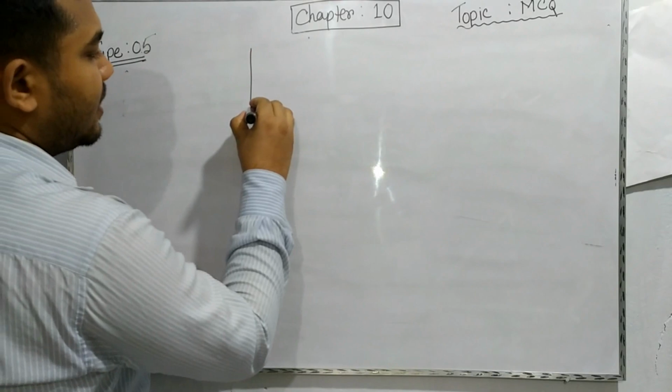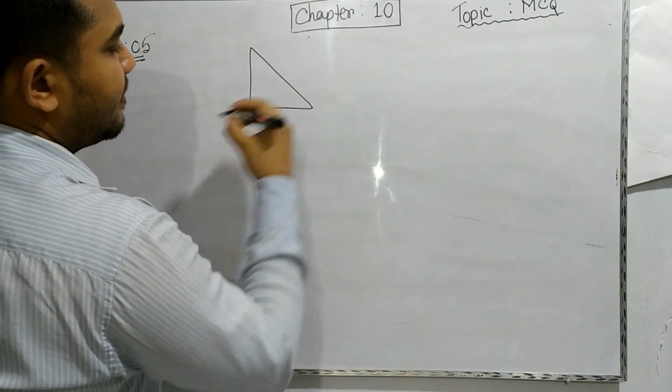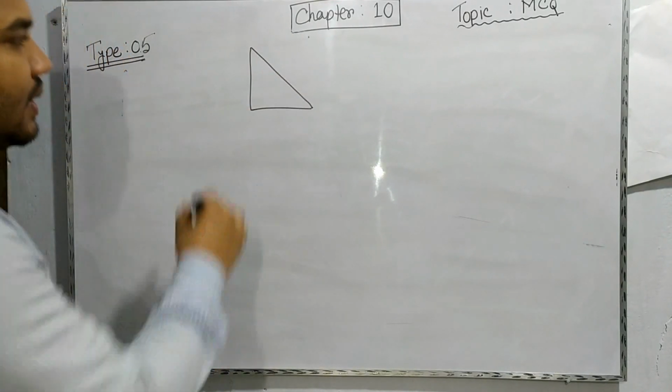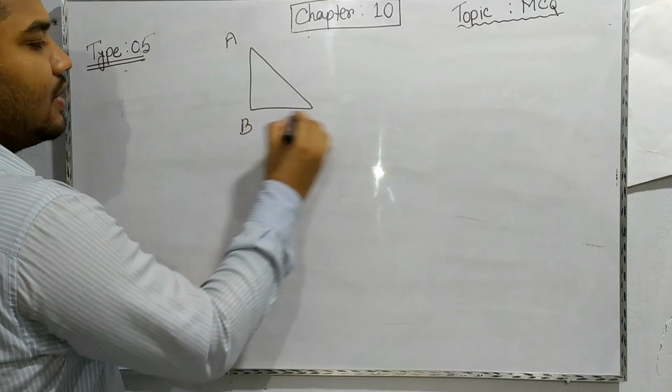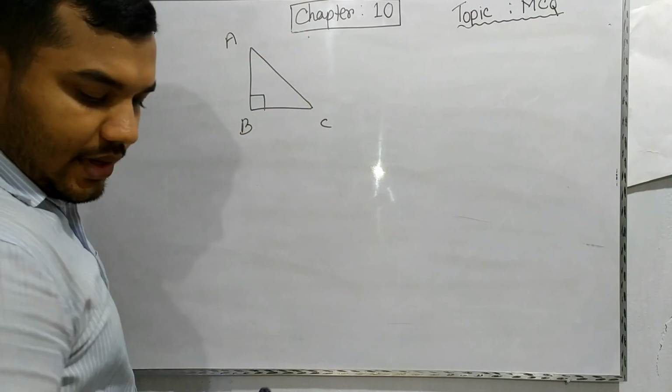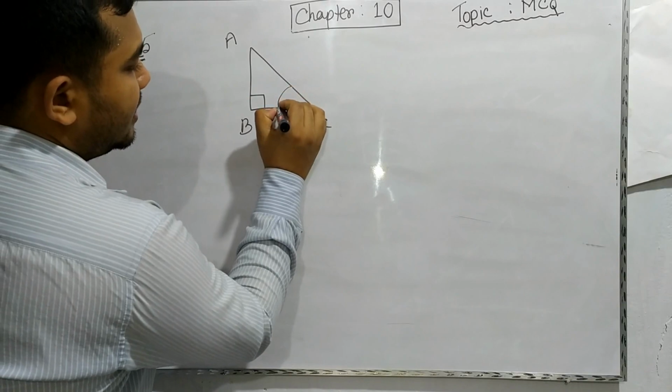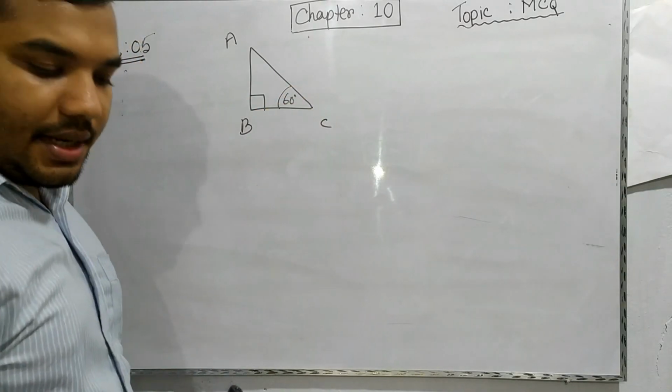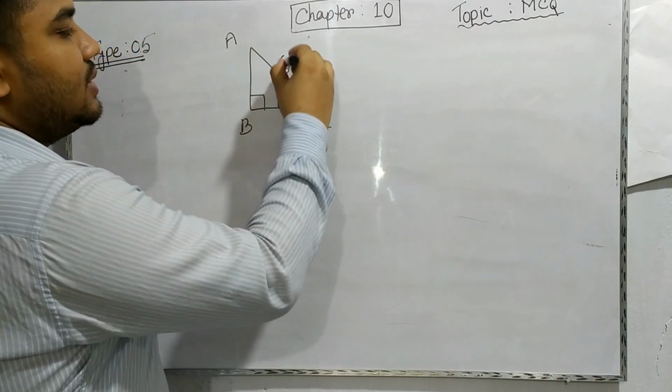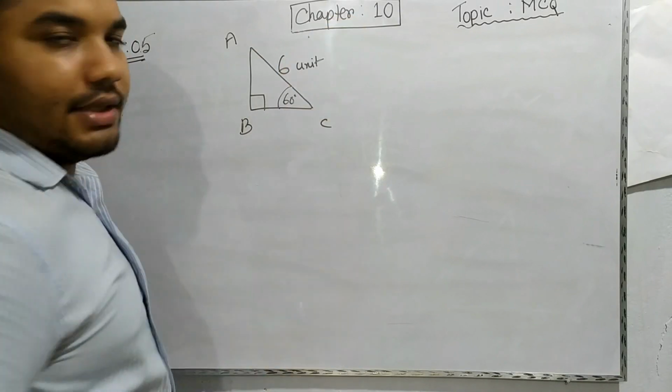Suppose a triangle is given. It is a right angle triangle where this angle is 60 degrees, and the hypotenuse is given as 6 units.